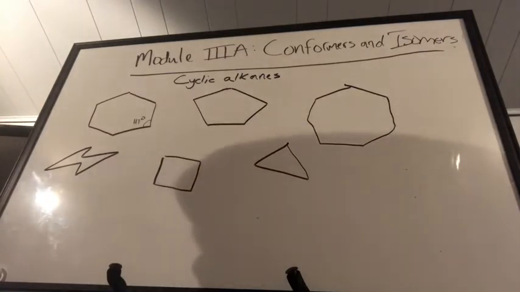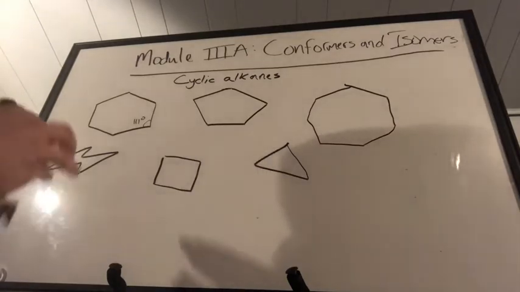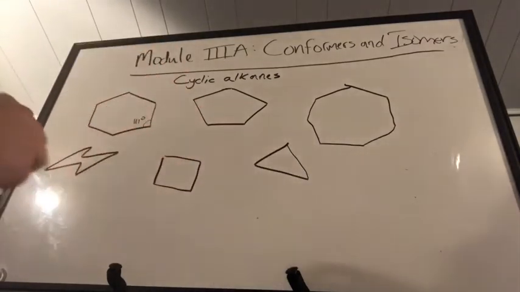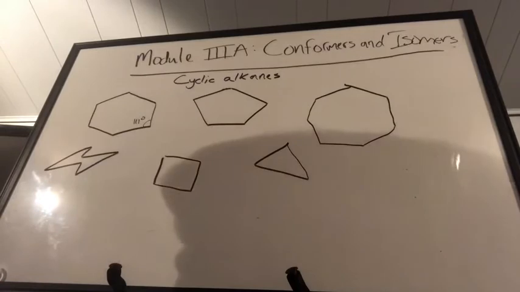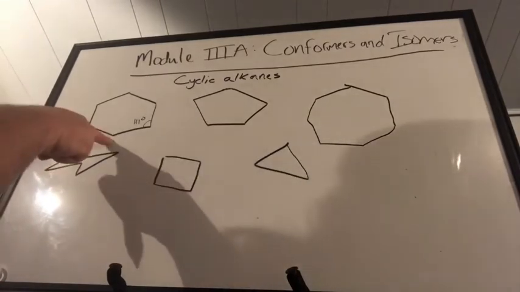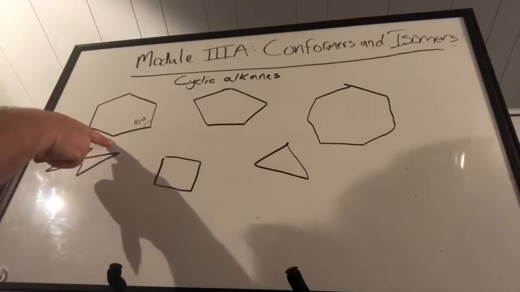Okay. Now, when we're talking about heat of combustion and how much energy is required to combust and break down these cyclic alkane rings, it's usually compared on average per CH2 unit, right?